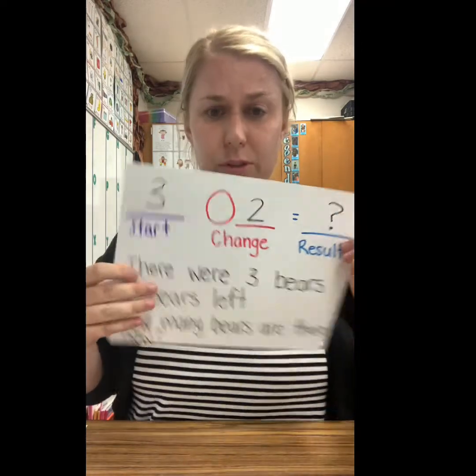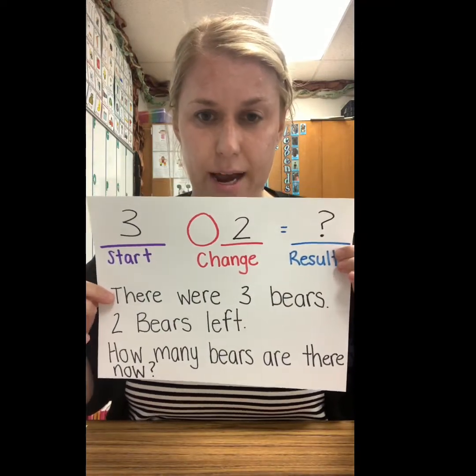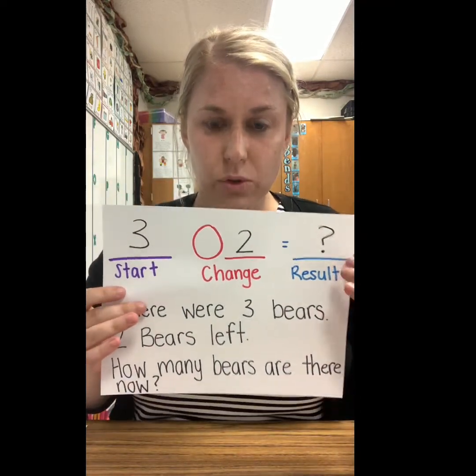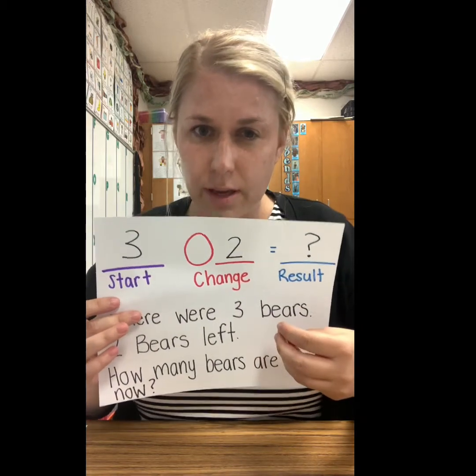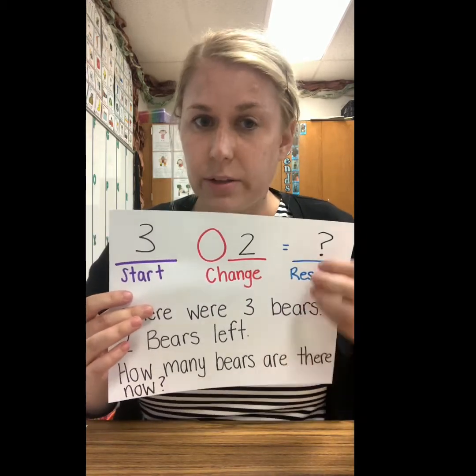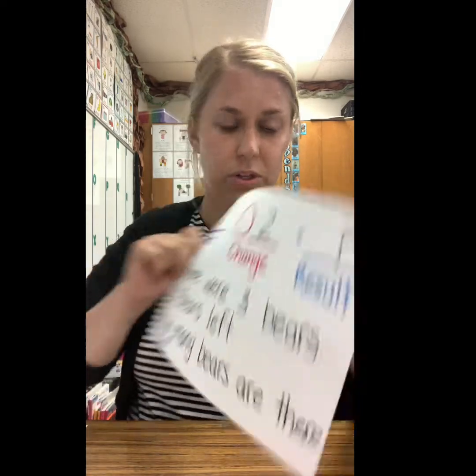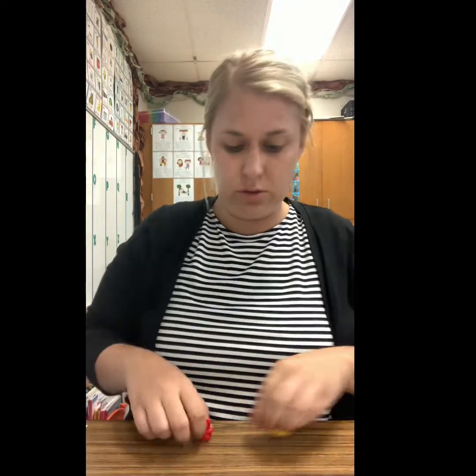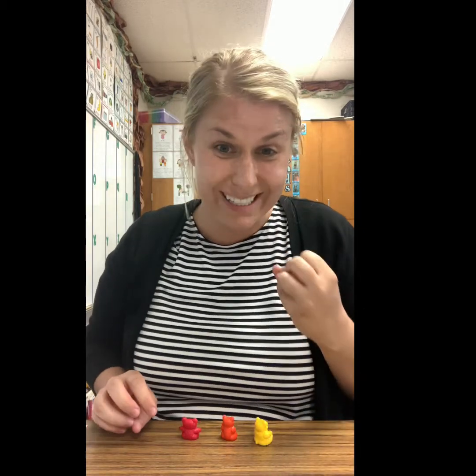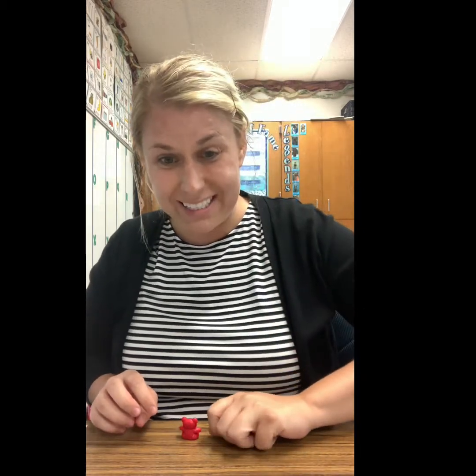So I need to think, to figure out this result, am I going to add or subtract? You just have to read the clues and think what's happened in the story to figure out if you need to add or subtract. So if we think about this story, we started with 3 bears. So I'll put my 3 bears right here. And then what happened? It said 2 bears left. So I'm going to take 2 bears away, okay?